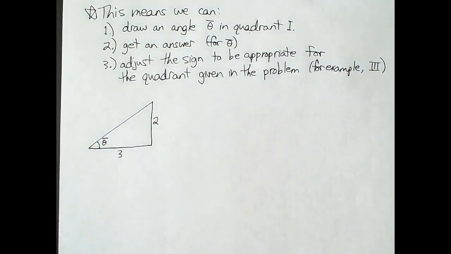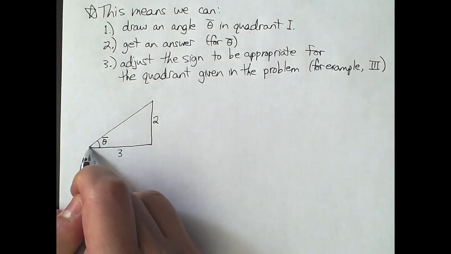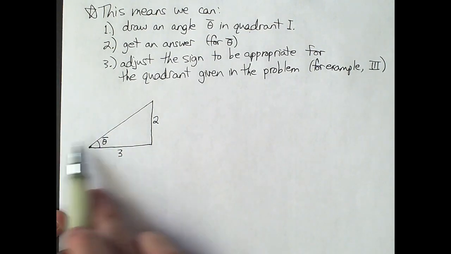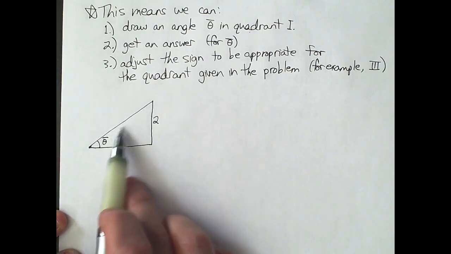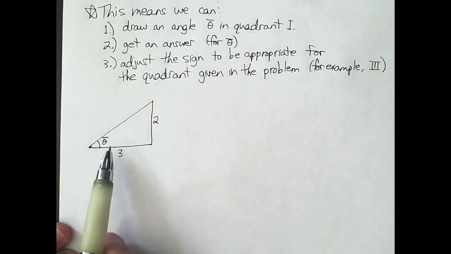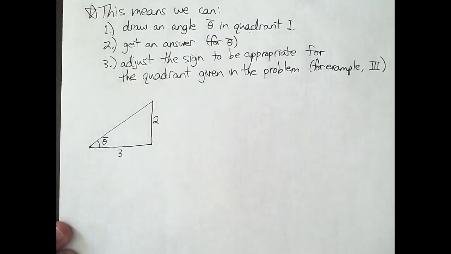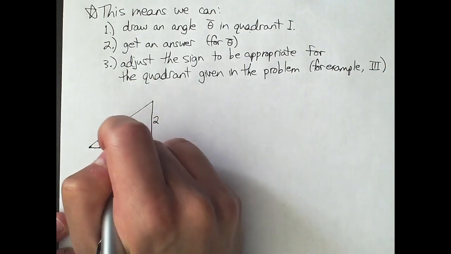Okay, I know from the problem, the problem says theta is in quadrant 3. This picture is pointing towards quadrant 1, right? If this is the origin, 0, 0, imagine the x-axis and the y-axis. This whole thing is taking place in quadrant 1. So this is not theta, but we can use this to help us find theta. Let's also label r.